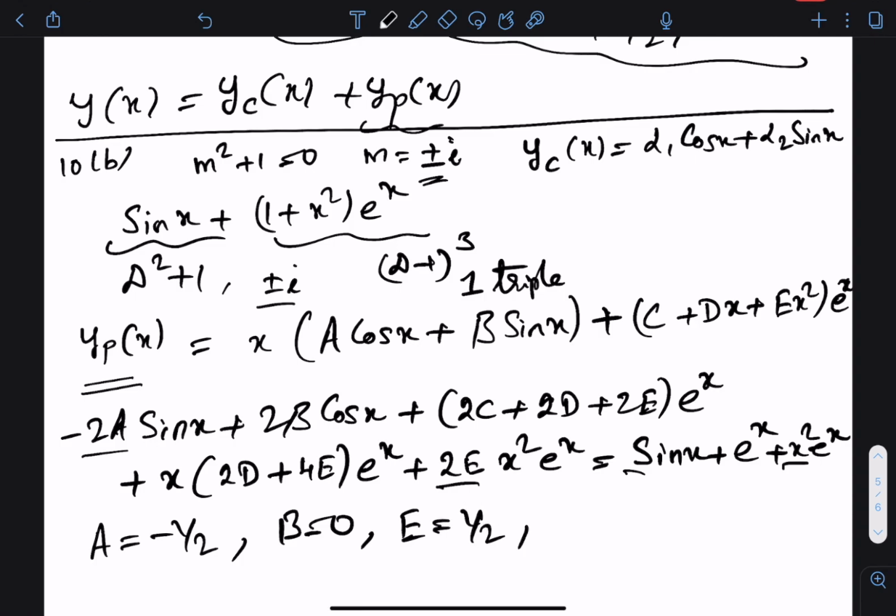Once you have e, then 2d plus 4e is 0. So it's 2d plus 2 equal to 0, so d is minus 1. And with d minus 1 and e half, 2c minus 2 plus 1, so 2c minus 1 is equal to 1, so c equals 1.